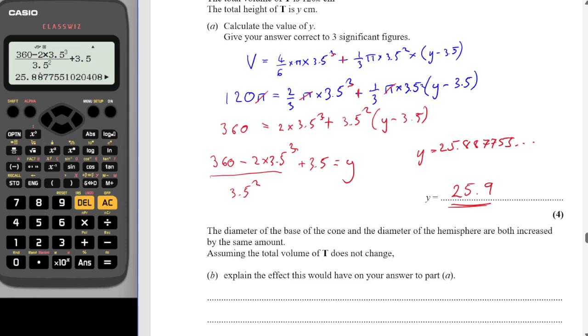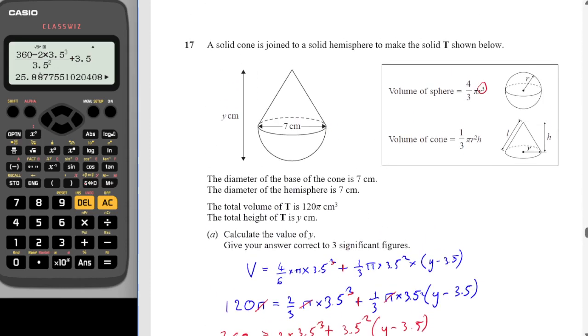Okay, the diameter of the base of the cone and the diameter of the hemisphere are both increased by the same amount. Assuming that the total volume of T does not change, explain how this would affect your answer. So let's just think. We've got a bigger hemisphere, so this would have to bring down the value of y.